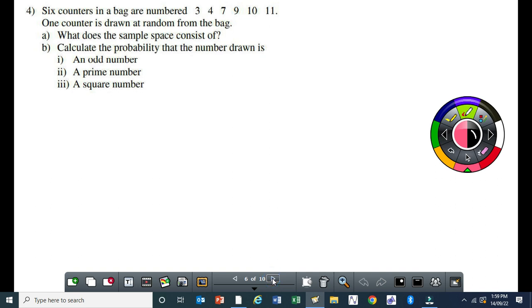Then you've got this one as well. It says 6 counters in a bag are numbered 3, 4, 7, 9, 10, and 11. One counter is drawn at random from the bag. What does the sample space consist of?